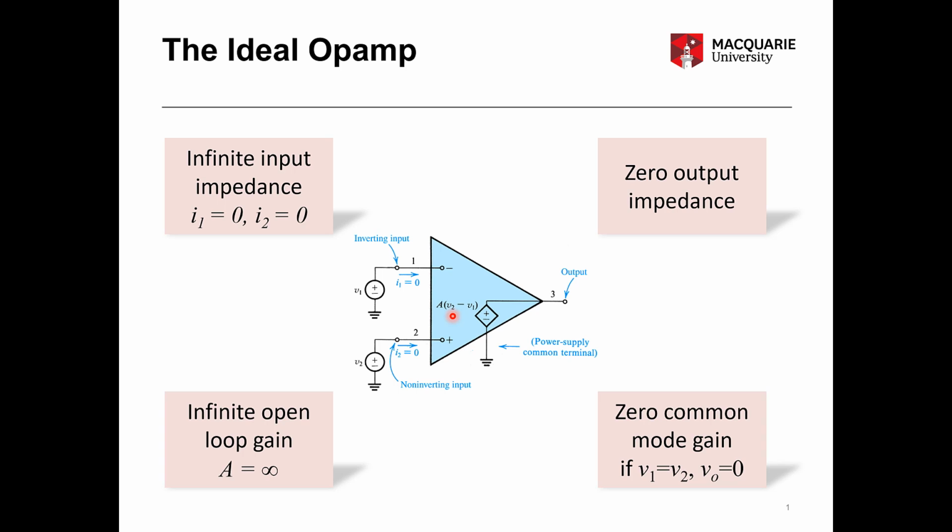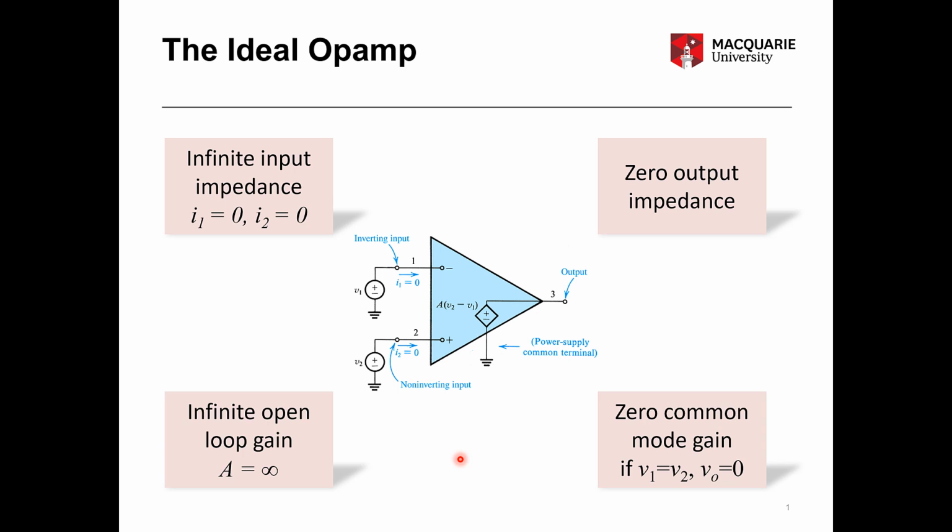Of course in reality there may be some base level gain here, and that would effectively be noise at your output that you wouldn't want. So in your ideal op-amp, we really want zero common mode gain. So a V out of 0 if our two inputs are identical.